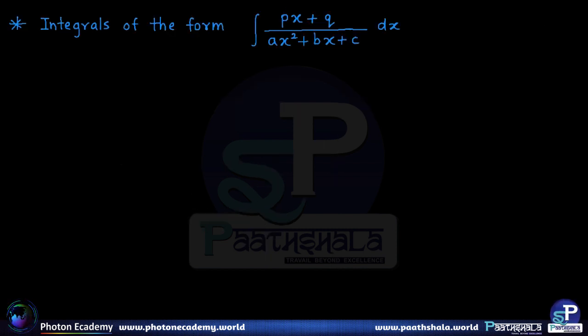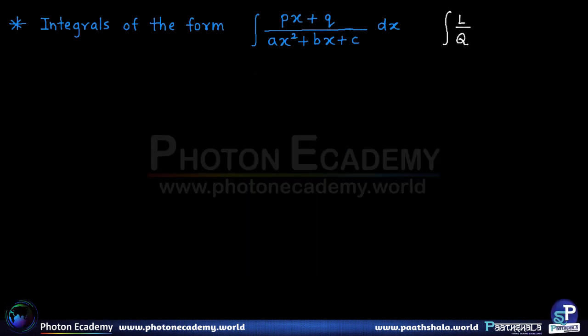Now here we have the integral of the form px plus q upon ax square plus bx plus c. So it's like integral of linear upon quadratic. We have to identify and remember these patterns.